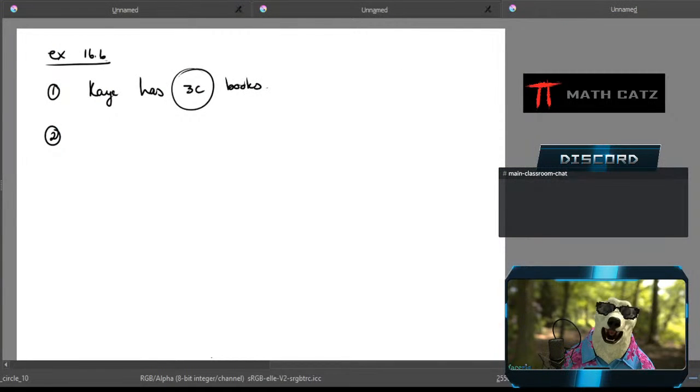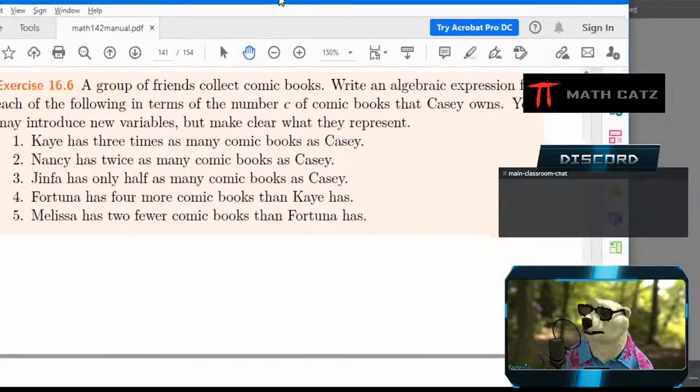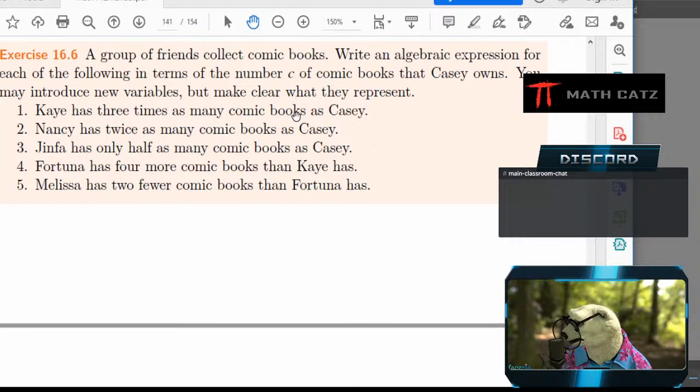Can we represent the number of books that Nancy has using that variable C? They say twice as many, so Nancy has 2C books. So I have to use the variable available to me to represent a new, different quantity. Again, we start very simple because I don't know what your background and experience is. I don't want to assume anything.